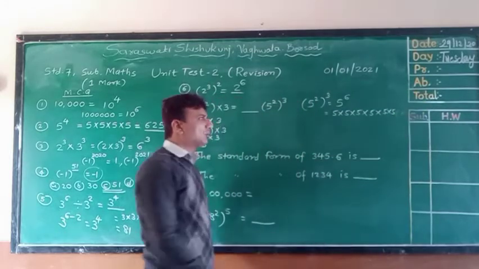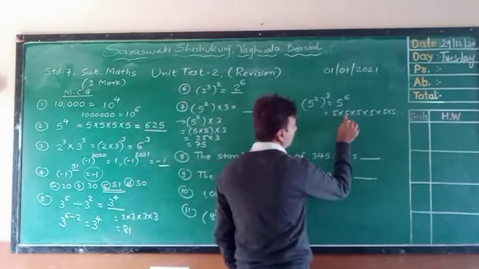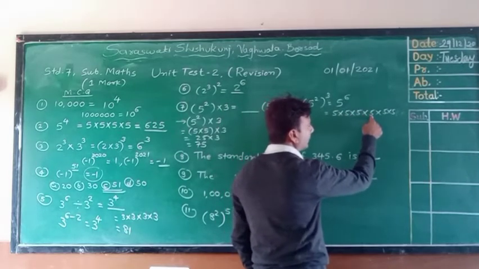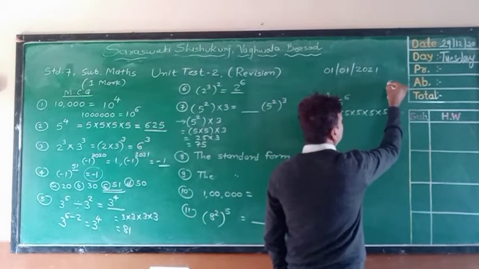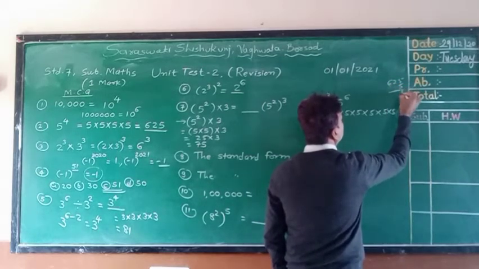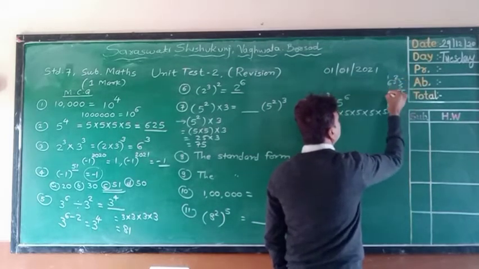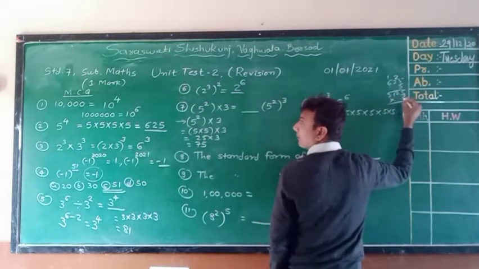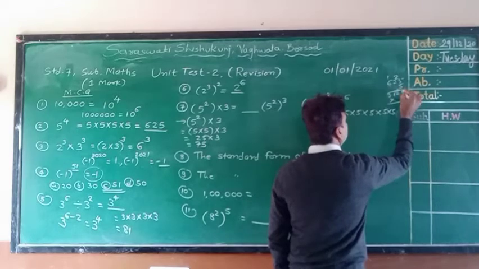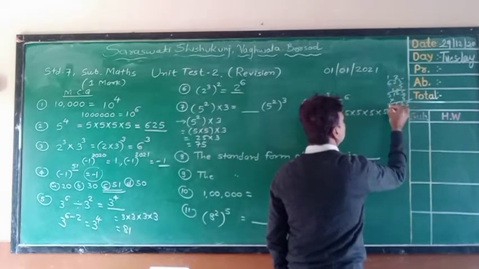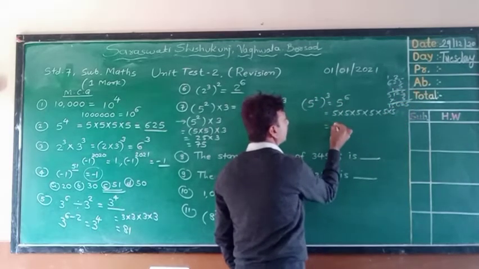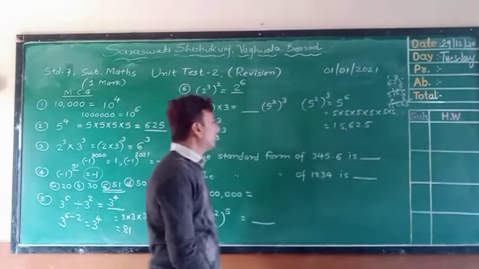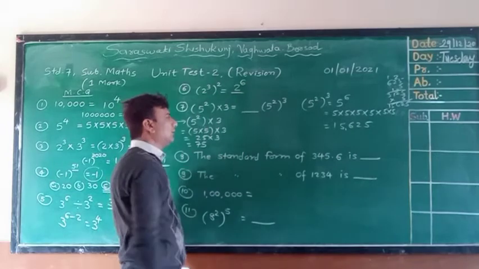Now let's do multiplication. 5 times 5 is 25, 25 times 5 is 125, 125 times 5 is 625, 625 times 5 is 3125, and again we multiply with 5. 3125 times 5 is 15,625. Okay.